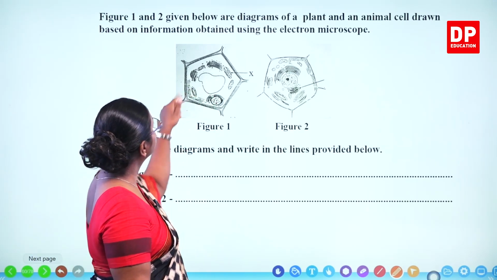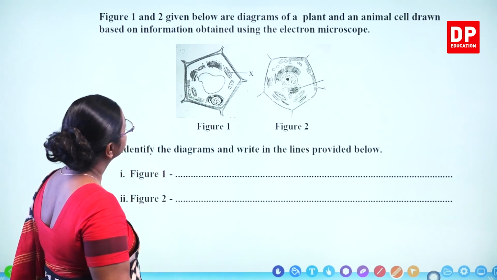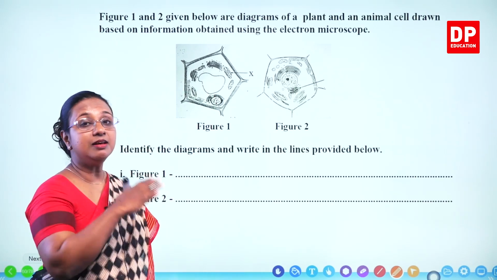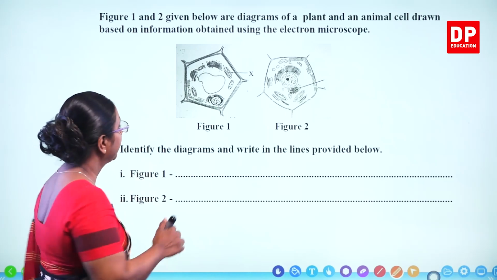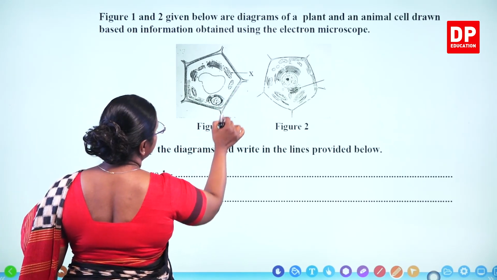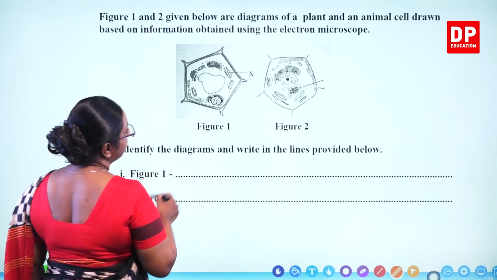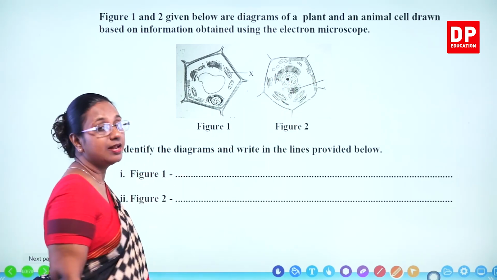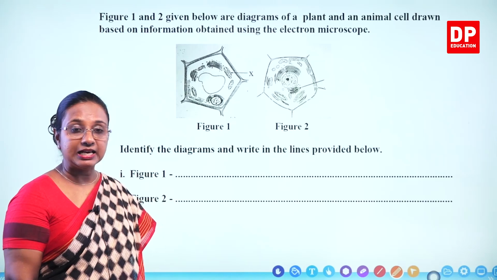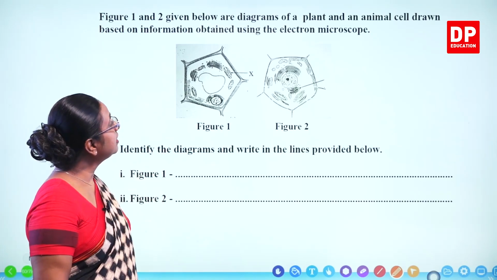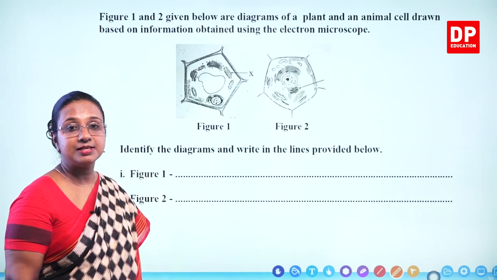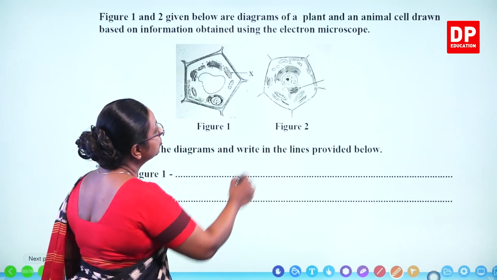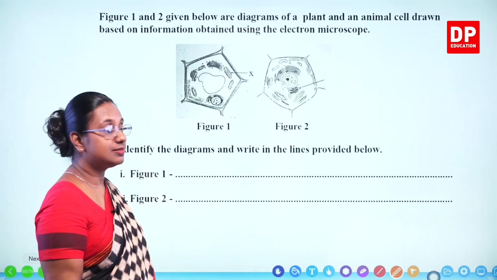If you look at figure 1, first start off with the outermost boundary. Here you can see there are 2 lines, and here you can see there is only 1 line, only 1 layer. That means figure 1 is a plant cell and figure 2 is an animal cell.